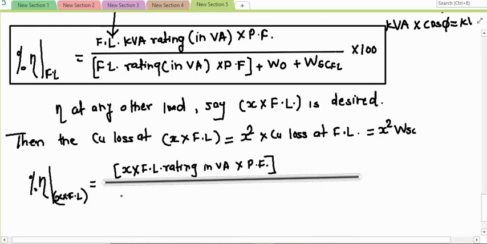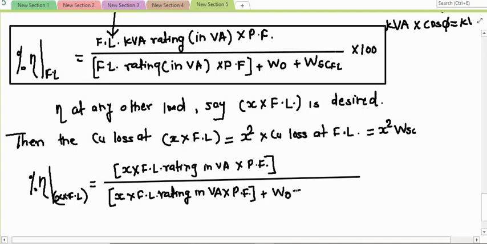Divided by, again I will write down here, x into full load rating in volt ampere into power factor plus iron loss, which is constant throughout.